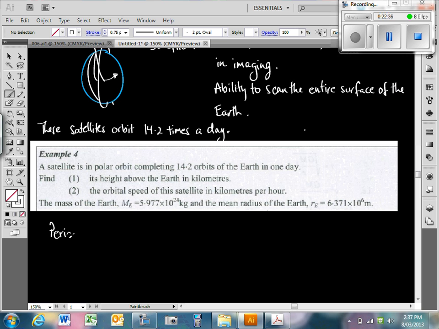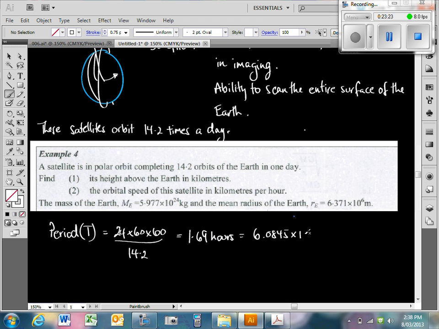Period of this low orbit satellite: 24 times 60 gives us seconds in a day. 14.2 out of that. Oh, 1.69 hours. Six thousand seconds.